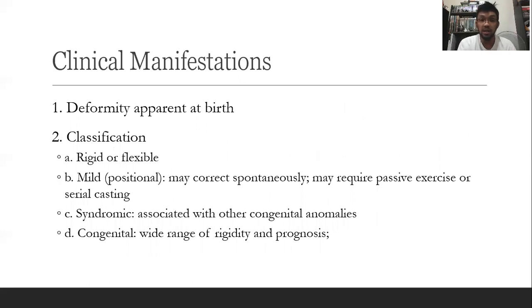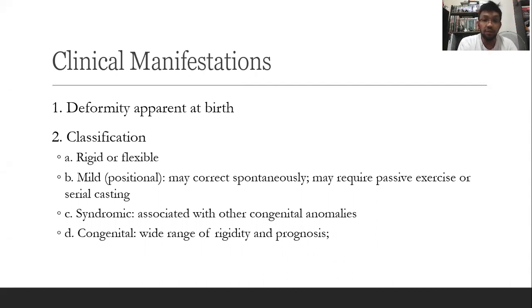Clinical manifestations. You can see the deformity apparent at birth, so it will become very obvious once the infant has been delivered. Classification would be the following: rigid or flexible, so it's either rigid or stiff, or you can flex it.